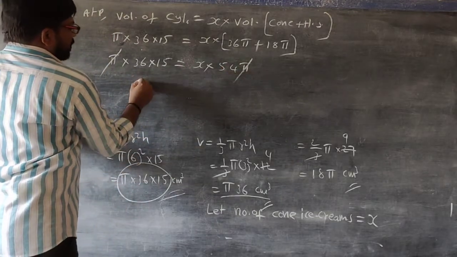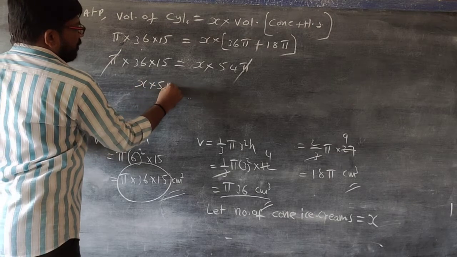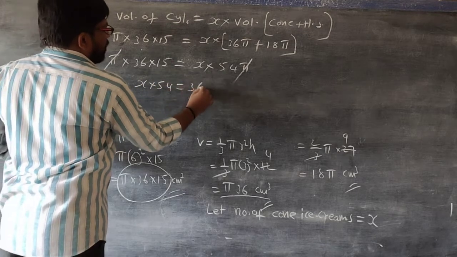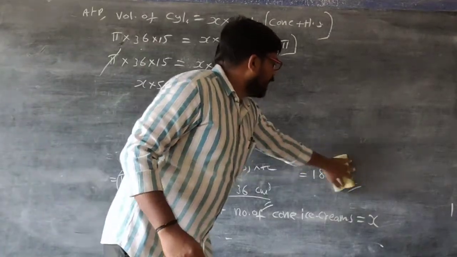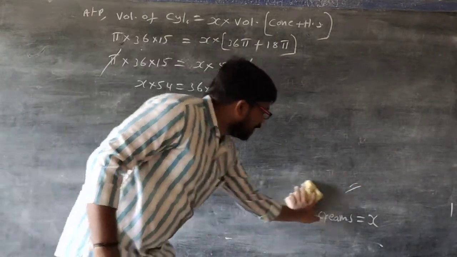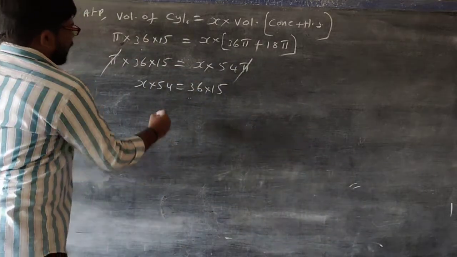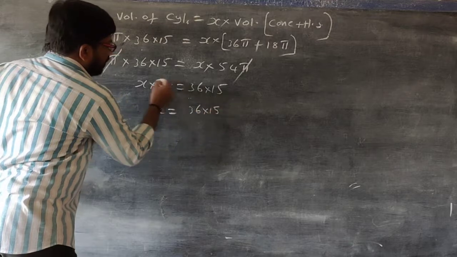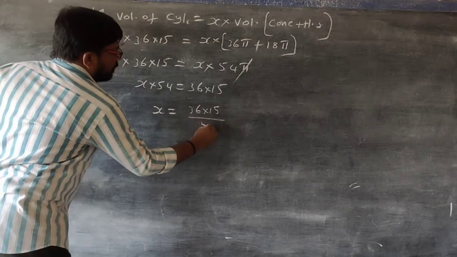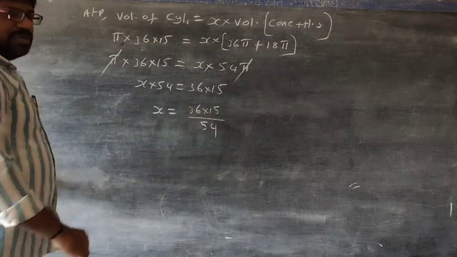So write in reverse: X into 54 is equal to 36 into 15. Here we need to find the X value only, right? Then X equal to 36 into 15 divided by 54, right? Now cancel.